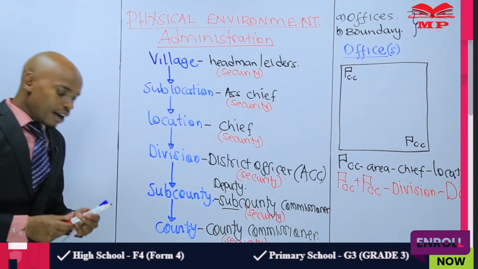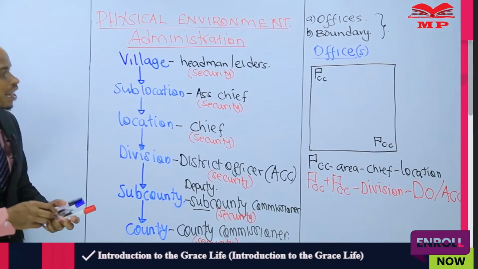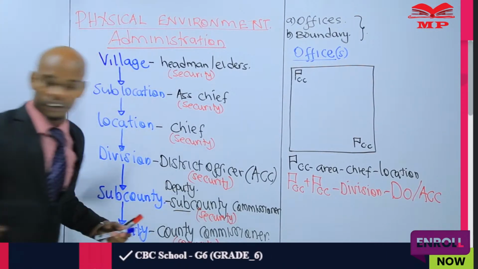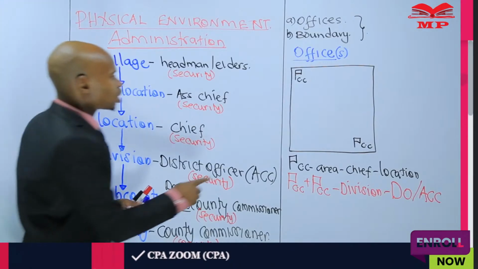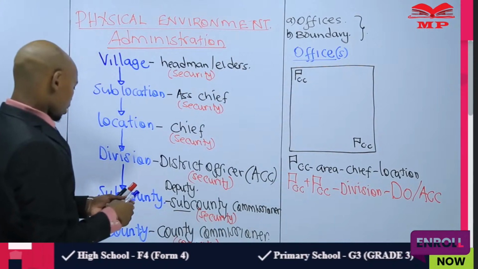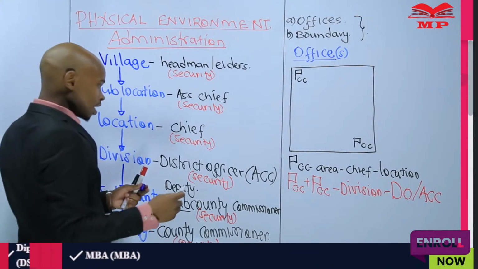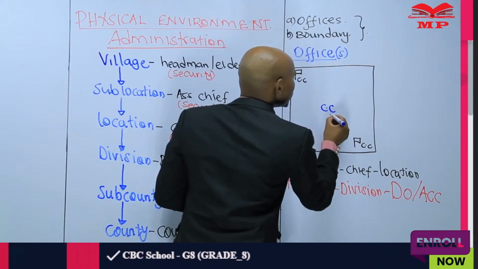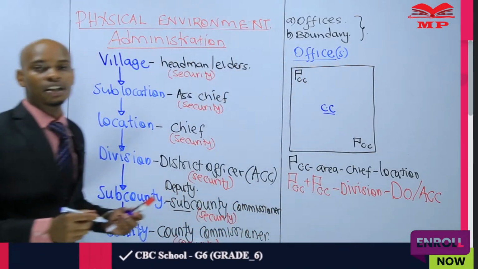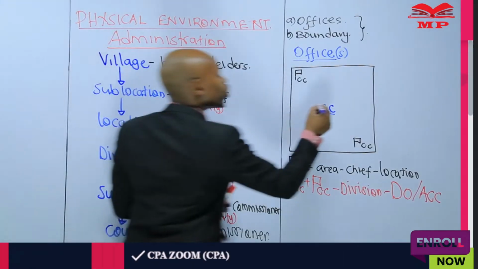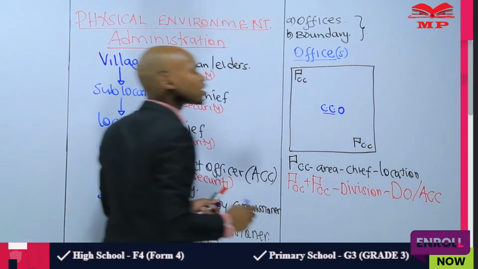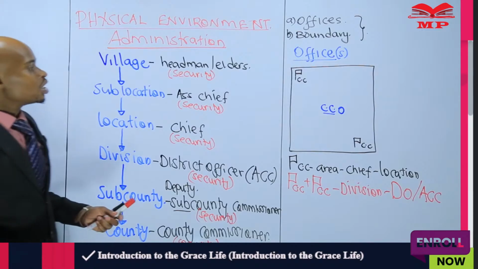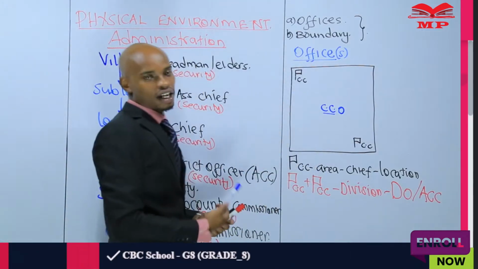Now, another example about the same. What if there were 2 chief camps and somewhere in the map there is a CCO, standing for County Commissioner's Office. In that sense, you go for the highest office in that map.